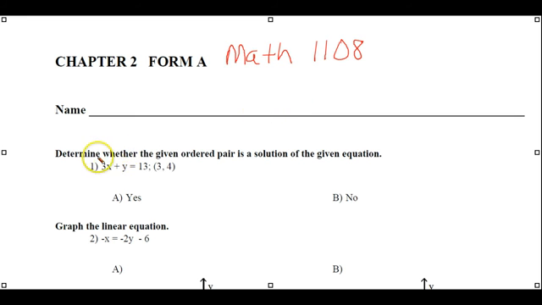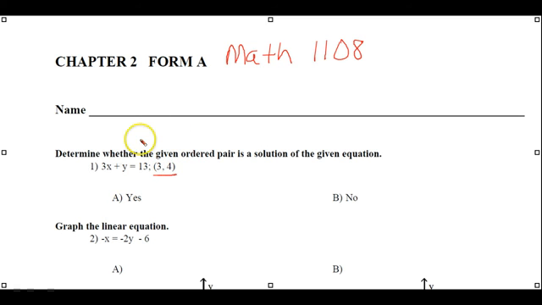So the first thing they're asked is to see if this ordered pair is a solution for this equation. And again, throughout this, we'll be looking for strategy.